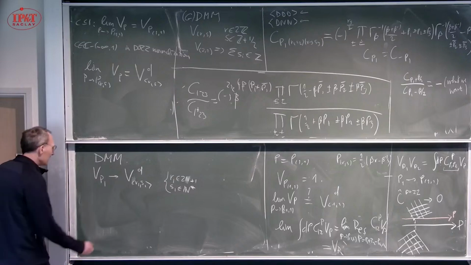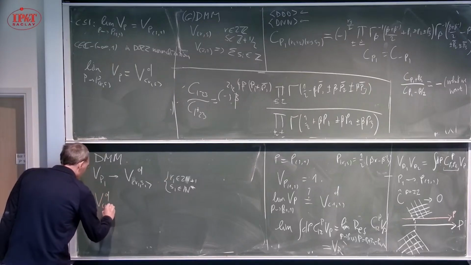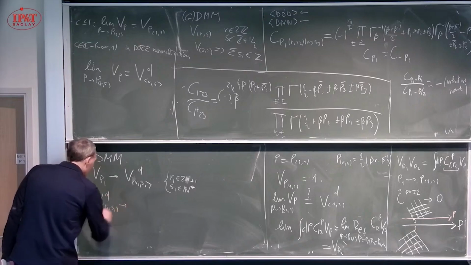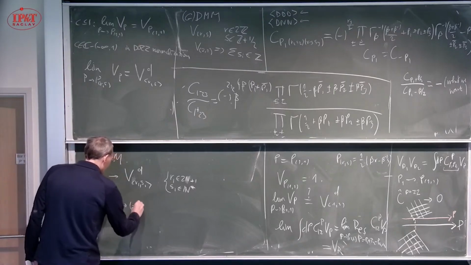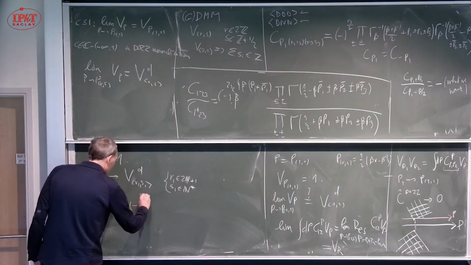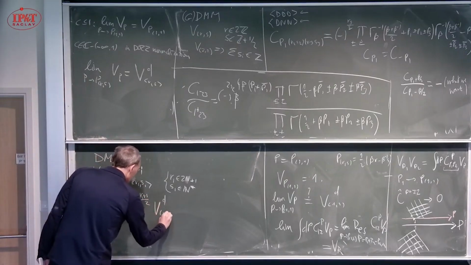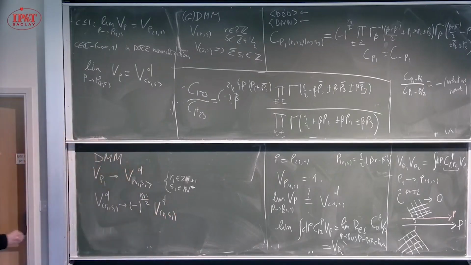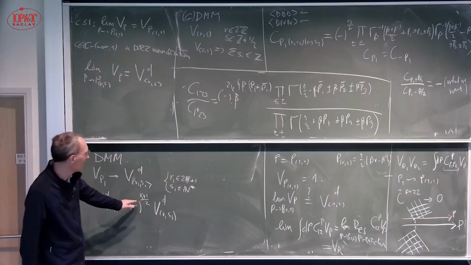Now what we do is change the normalization of this field, V^D_{R1,S1}, to (-1)^{(R1+1)/2} V^D_{R1,S1}.